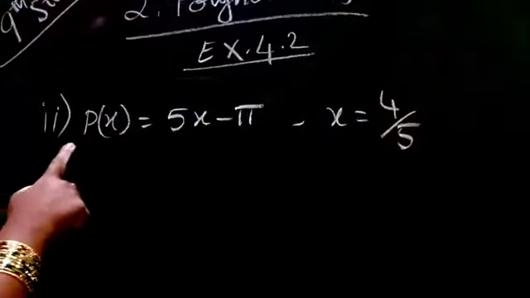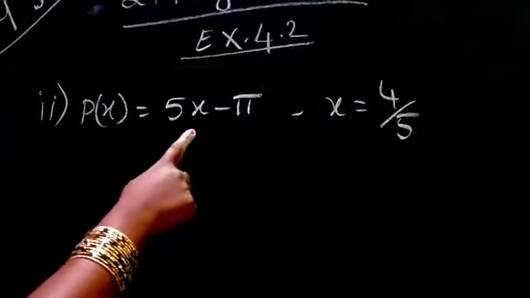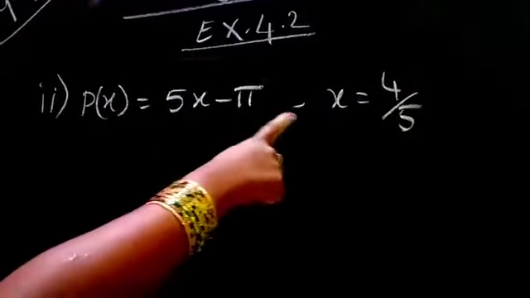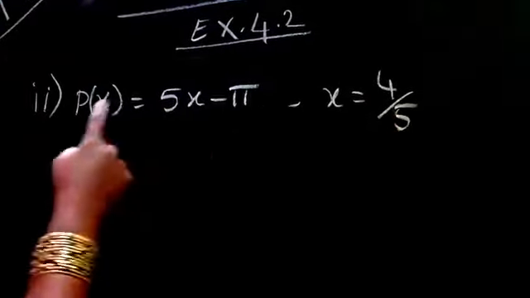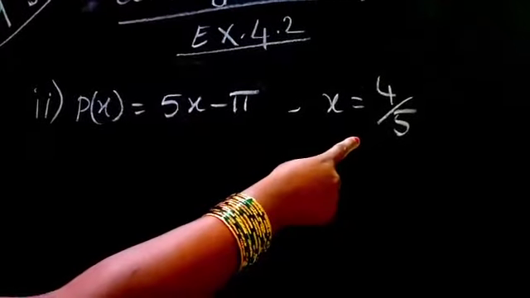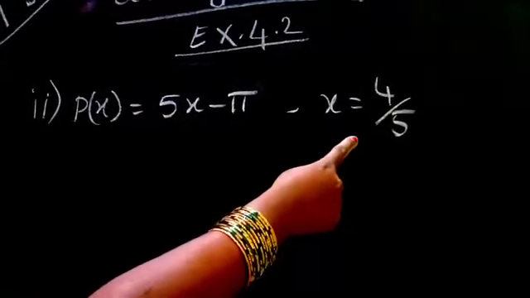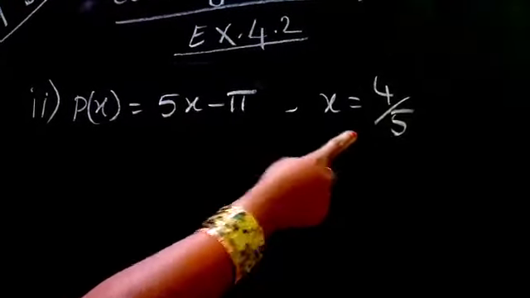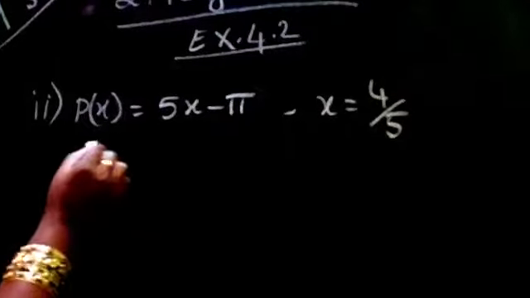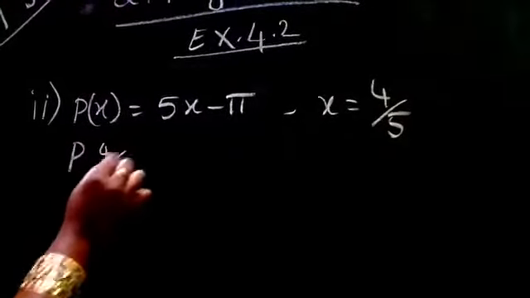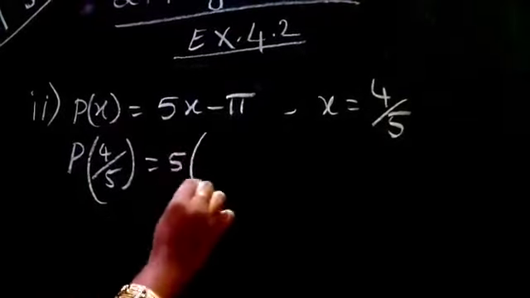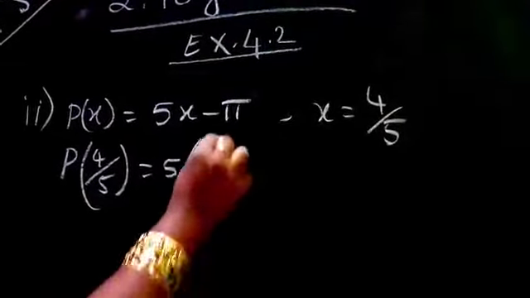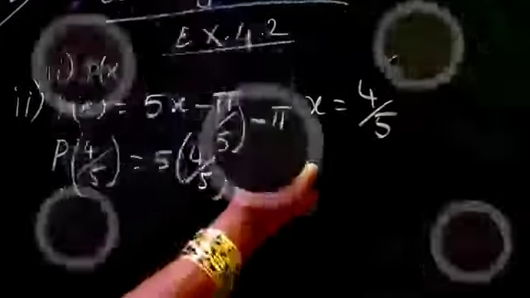Second question is P of x equal to 5x minus pi. Here x value they given 4 divided by 5. We'll check whether this answer is zeros of polynomial or not. P of 4 by 5 equal to 5 into 4 by 5 minus pi.